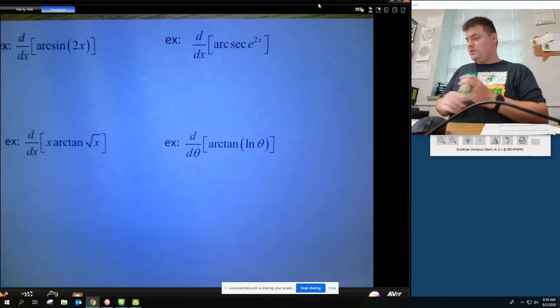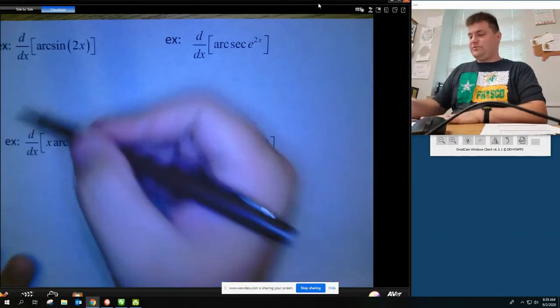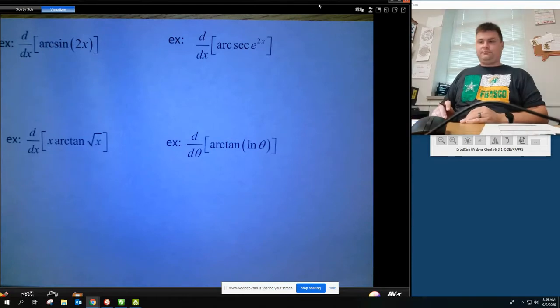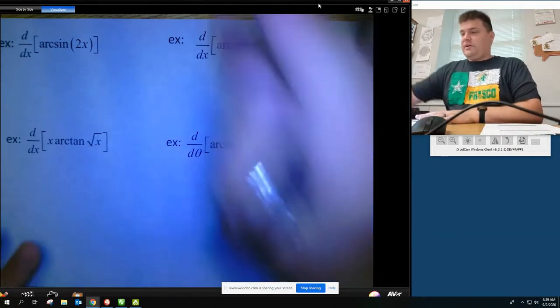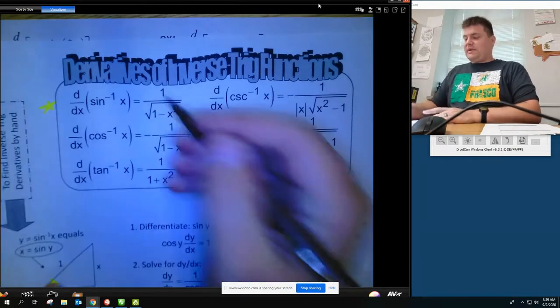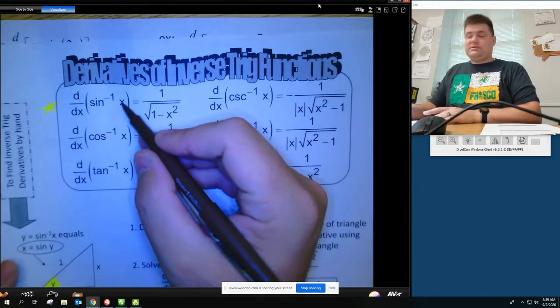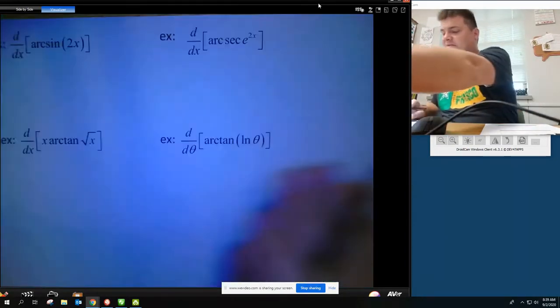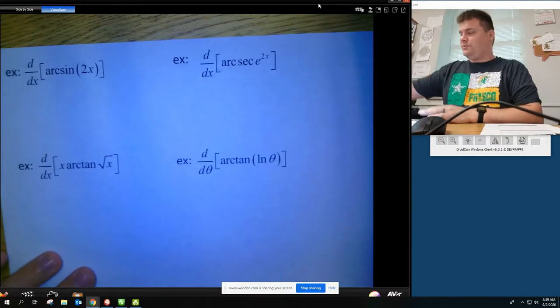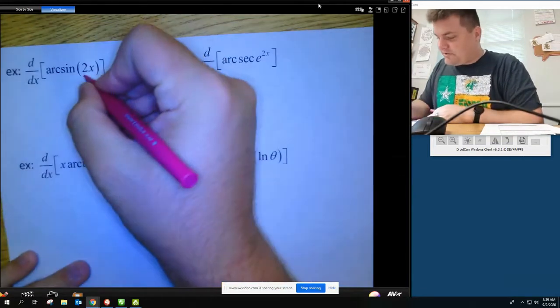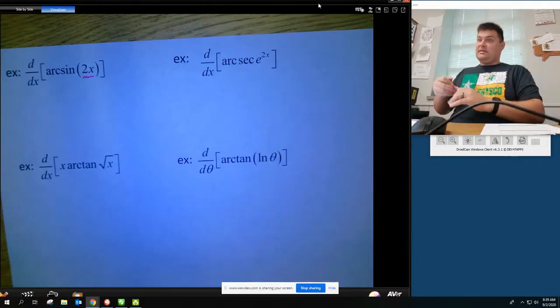Okay, so the first example is the derivative of arc sine of 2x. In the examples in the formulas, these are just the basics with just an x. So now I have a 2x inside, and this is going to involve a chain rule. So I'm going to take the derivative of the 2x, and then the arc sine.